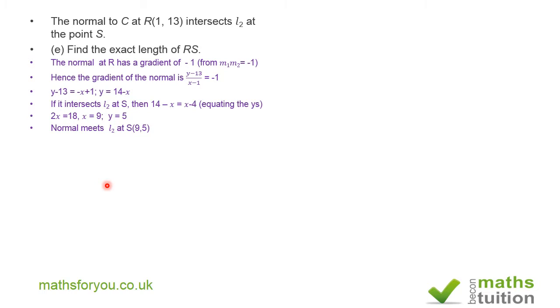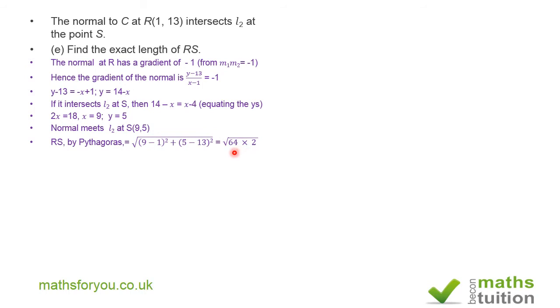Okay. Now, having found the coordinates of the point S, and knowing the coordinates of the point R, we can use Pythagoras to find the length of the line RS. Using the x coordinates for both S and R, and the y coordinates for both S and R, we end up with the square root of 8 squared plus 8 squared, which is root 64 times 2.